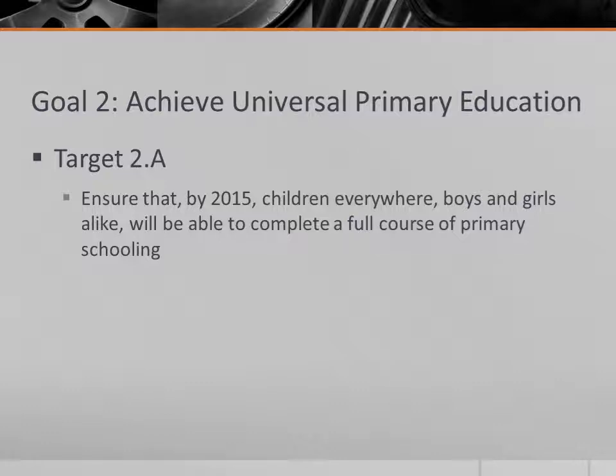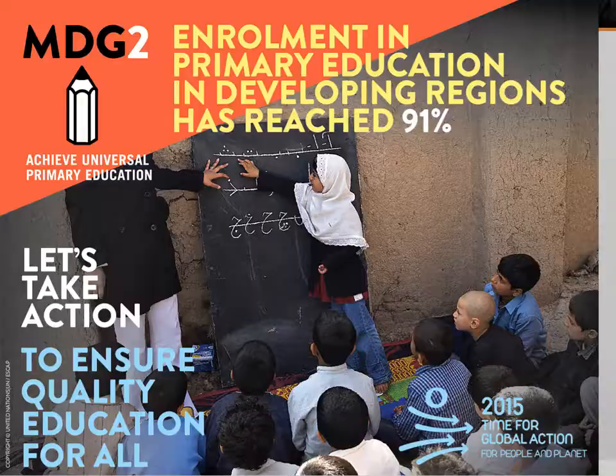That was an improvement from the year 2000 when only 83% of children worldwide were able to attend primary school. However, there are still 57 million children who are of age to be in primary school and are not. 57 million children in the world are still not in primary school. So that's that 9% that we're looking at. And so we have to keep working towards that.